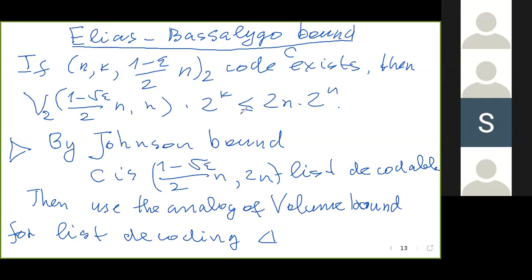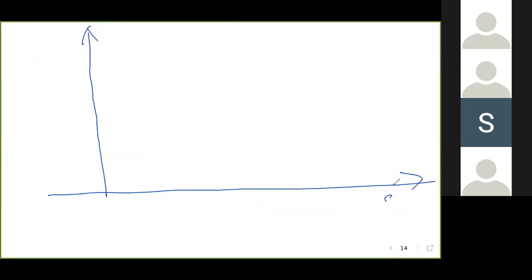And the point is that this Elias-Bassalygo bound improves the best known bound so far, which was the improved Singleton bound. So let me draw a graph. This is d over n, this is k over n.